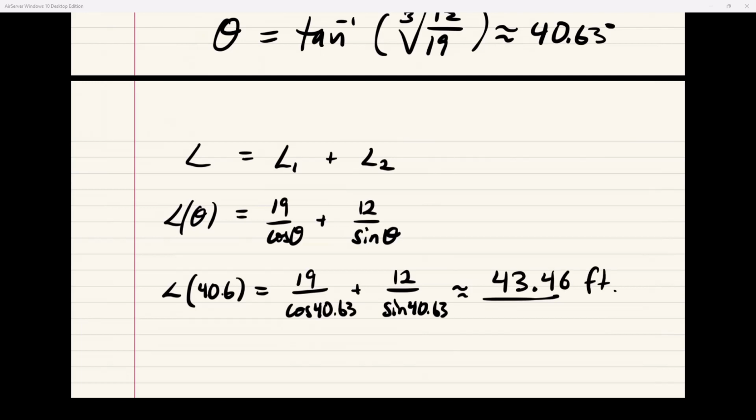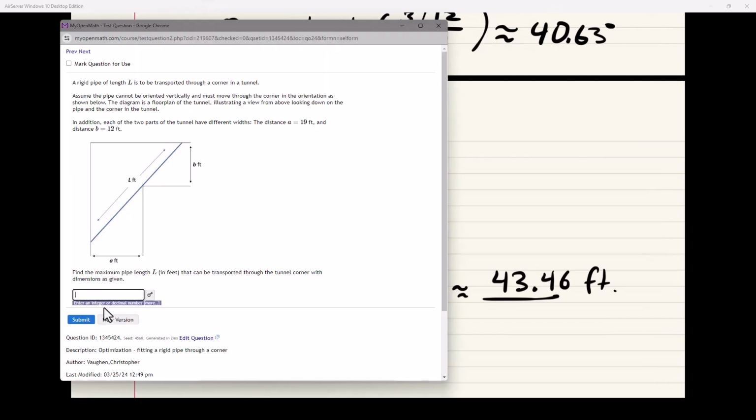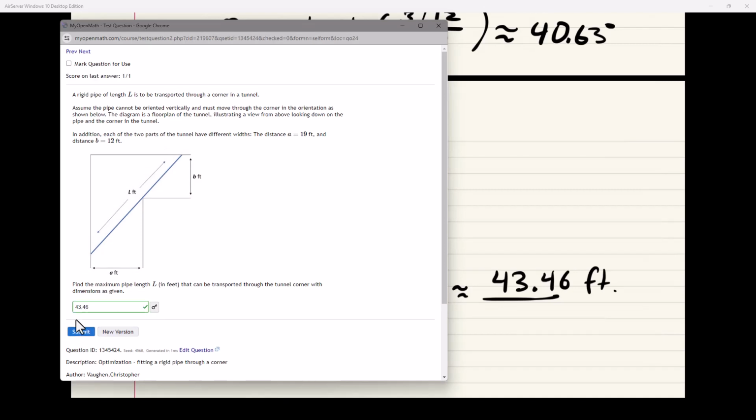Since that's the minimum L value for all the different angles that correspond in that rotation about that pivot point, that 43 is the biggest that would actually fit. So trying that value here, 43.46, and that's it. That's what it was looking for.